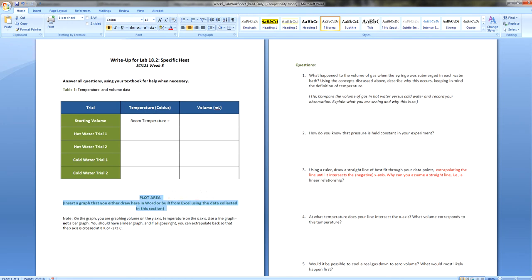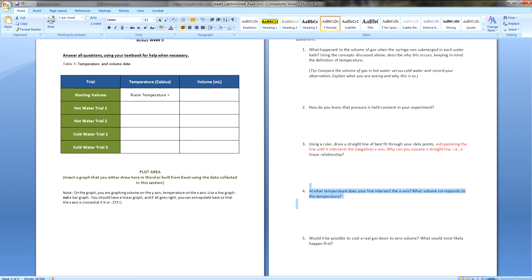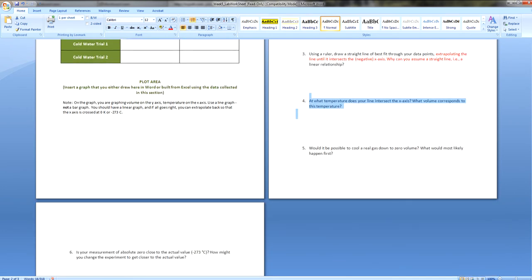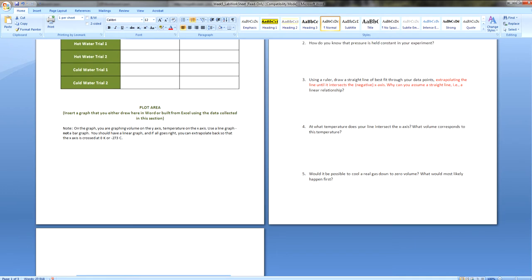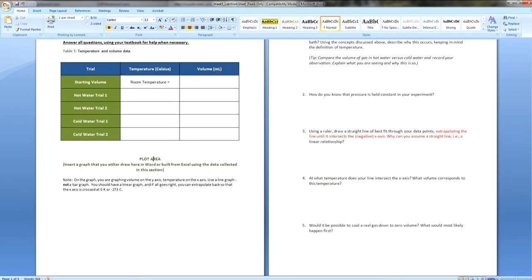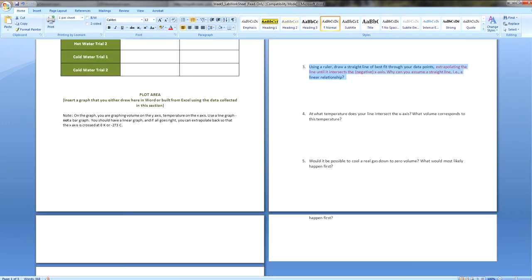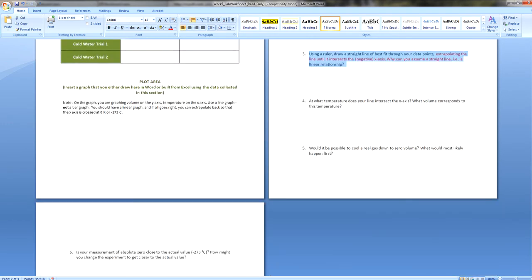So in this case, I need to see a graph showing how you're able to do question number 3, question number 4, and question number 6. Any assignment that is submitted without showing this graph means that these questions 3, 4, and 6 are automatically 0, because there is no way you can answer those questions without showing the graph.